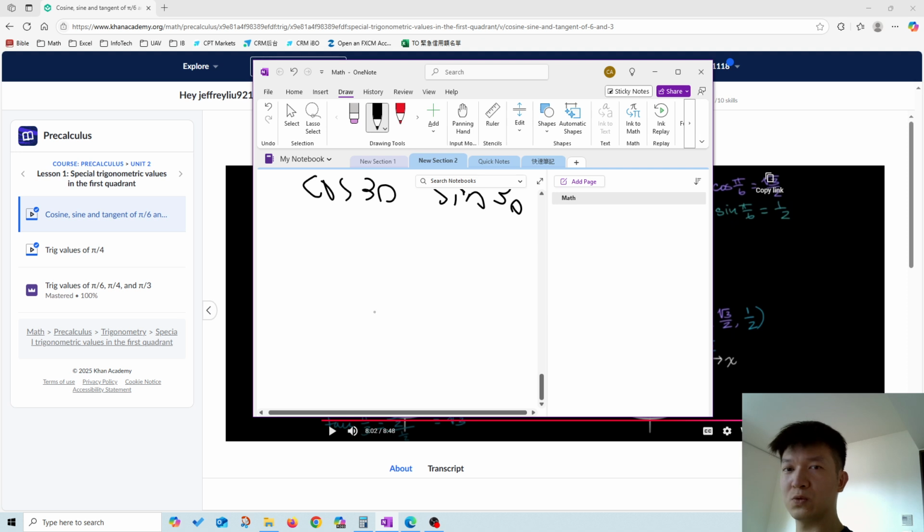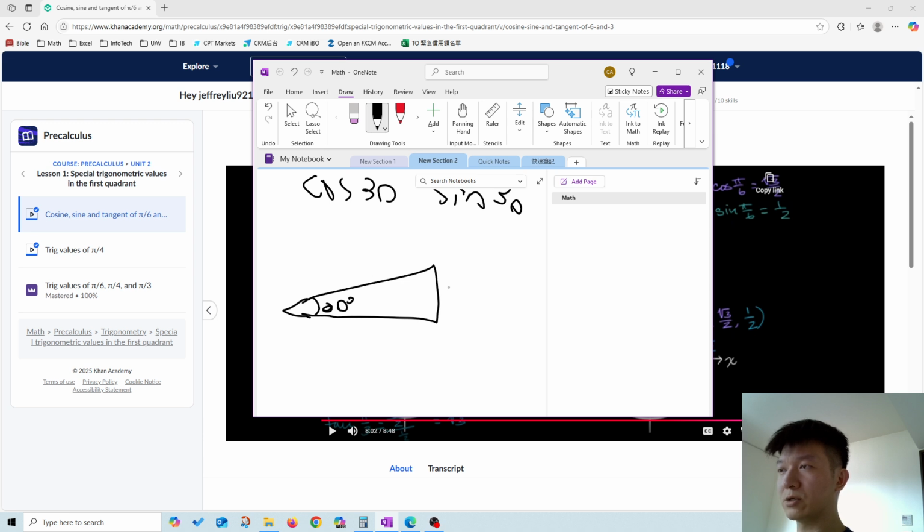For those who couldn't use the calculator, then you might use the special angle, right? So here, special angle, 30 degrees, right?